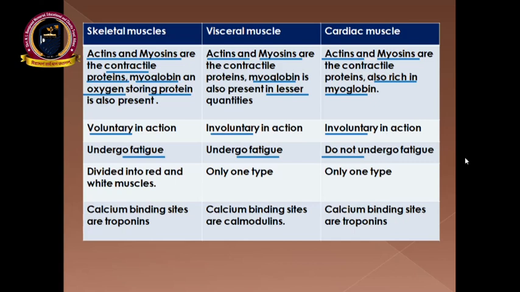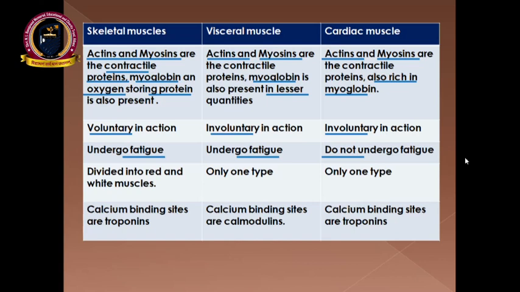So here what happens is, in between the two heartbeats there is a very small time period, in fractions of seconds, and that's the time when the cardiac muscles get rest, when they are relaxing in between every two heartbeats.